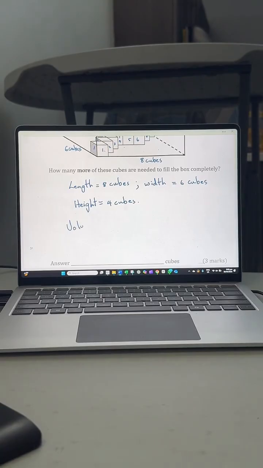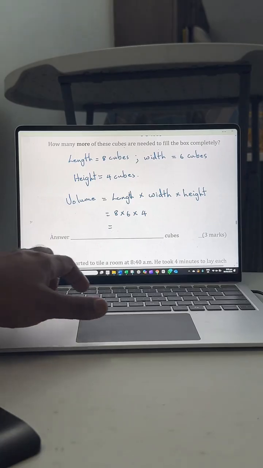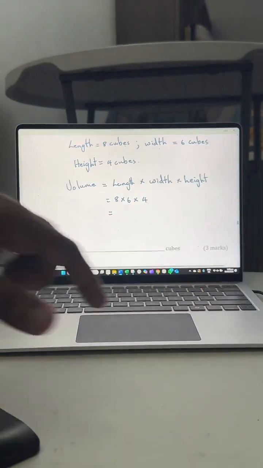Volume would be equal to length by width by height, which will be 8 multiplied by 6 multiplied by 4. 8 by 6 is 48. So 48 multiplied by 4.